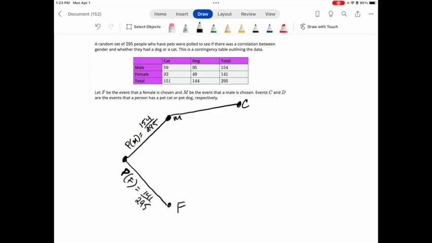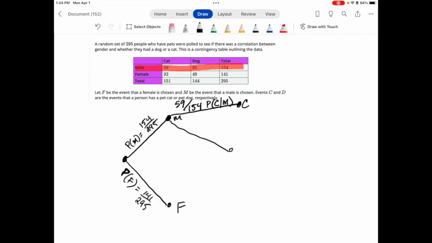Now, out of the males, how many have cats? If I look at this row right here, I'm just looking at the males, because we already picked a male on this first branch. Out of these males, we have 59 over 154 for the probability of picking a cat, given that we already picked a male. So that's this branch here.